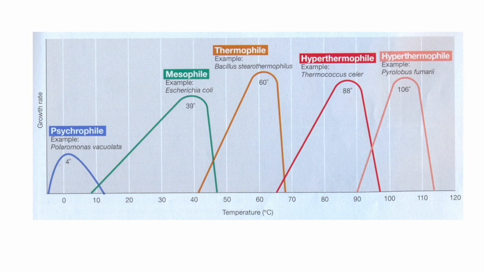For instance, organisms that can function at 100 degrees centigrade have a different structure of enzymes, and that's what makes it possible. The structure of the enzymes is important for a cell to function. But if you have organisms whose enzyme activity peaks at about 39 degrees centigrade, if you go to higher temperatures, they will die.